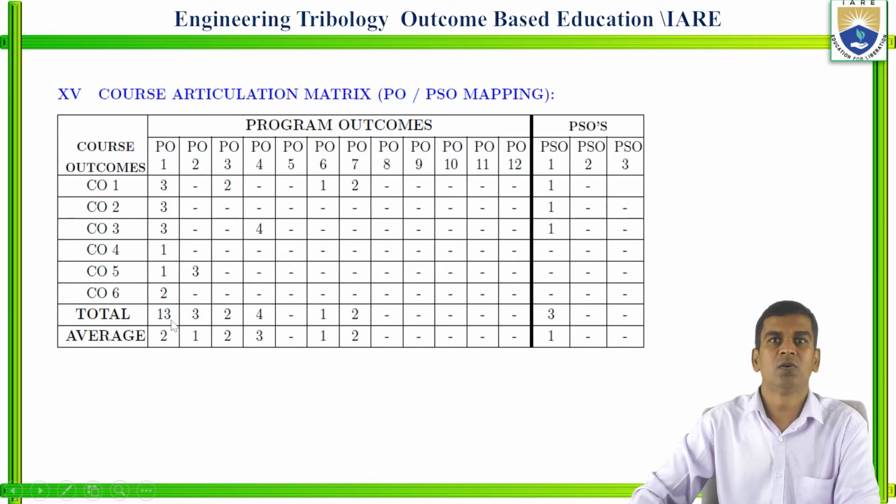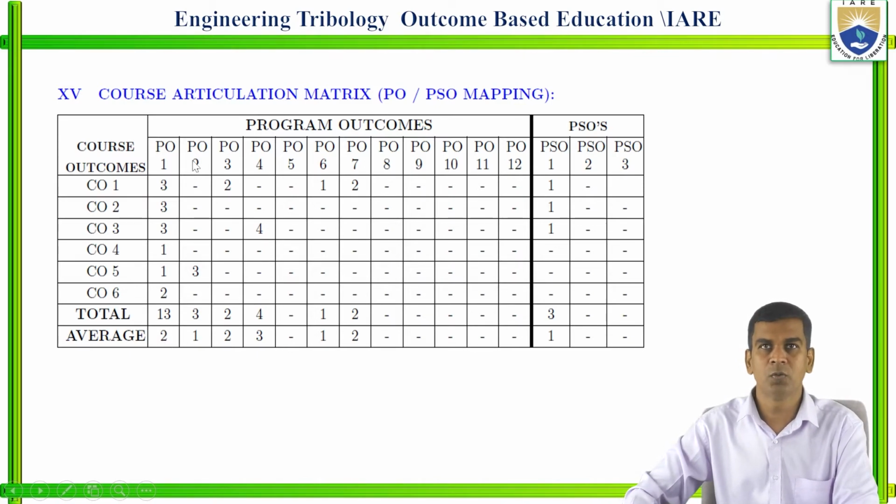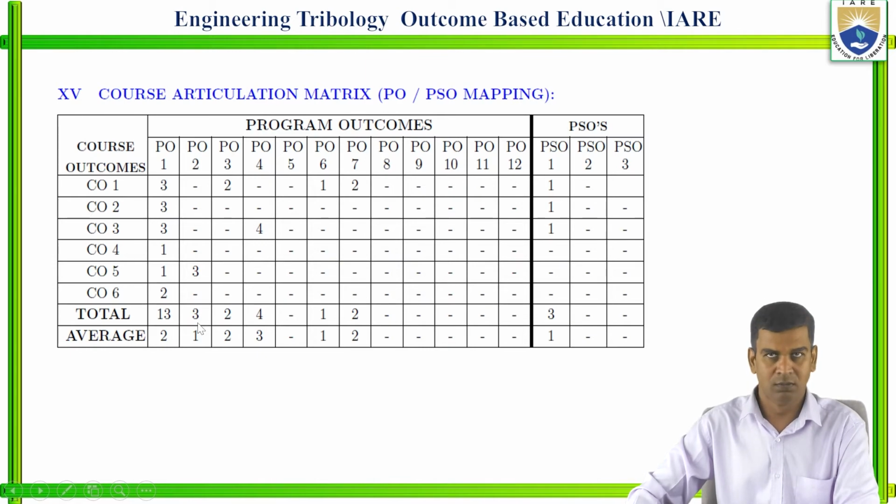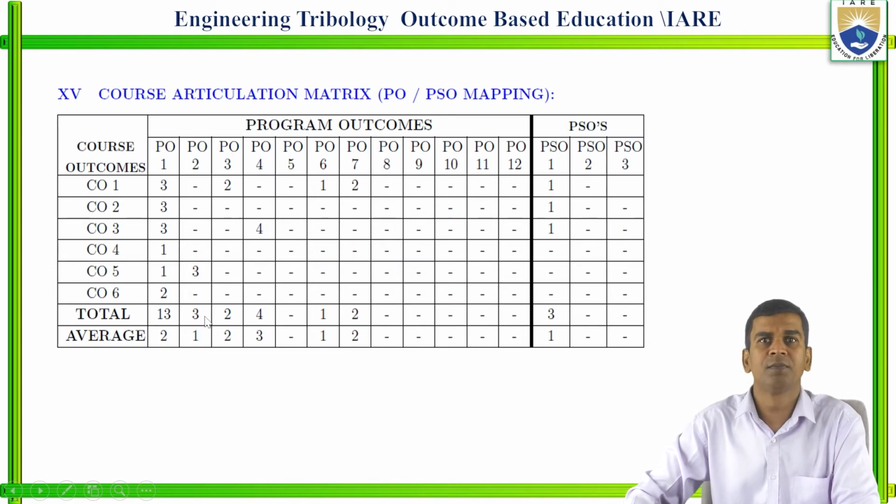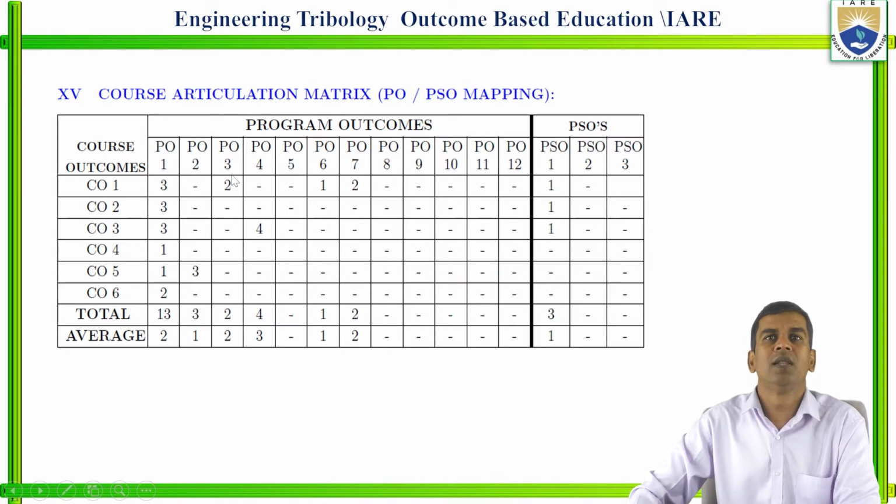Wherever 3 is there, totaling 9, 10, 11 and 12, 12 divided by 6 COs, you will be getting an average of 2. And for PSO2, it is 3, 3 divided by 1, you will be getting 3. Okay, like that.